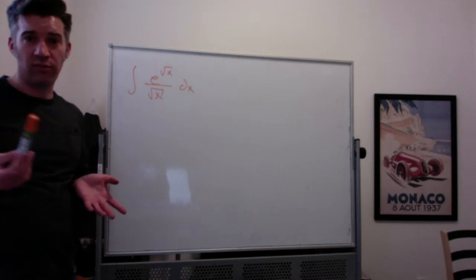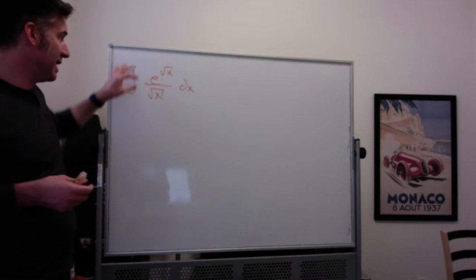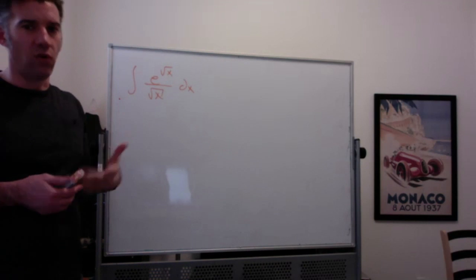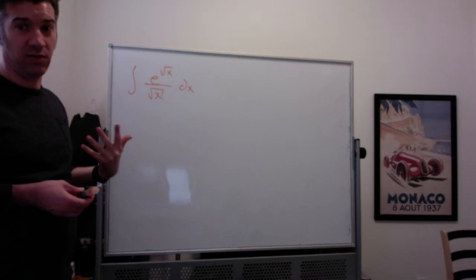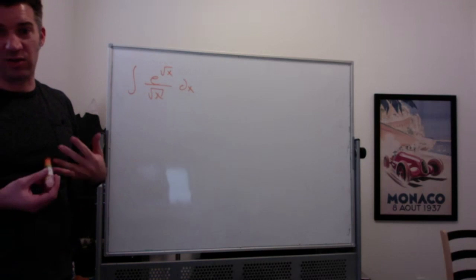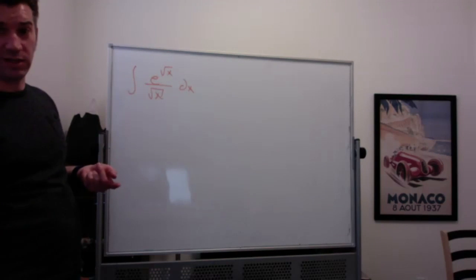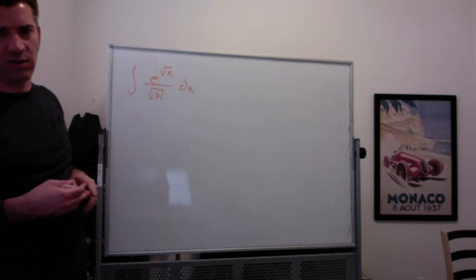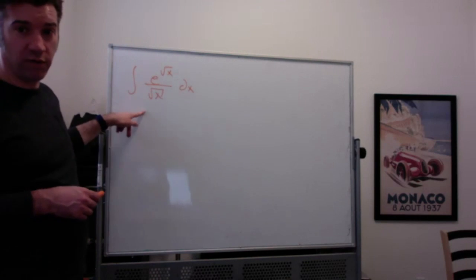And while you could probably correctly pick e to the root x and have it work out, the more natural choice here is just to pick the root x, because it's the thing that's stuck in a place. The square root of x is actually stuck in 2 places: in the denominator and in the exponent. So that's interesting. We might end up getting e to the u over u.